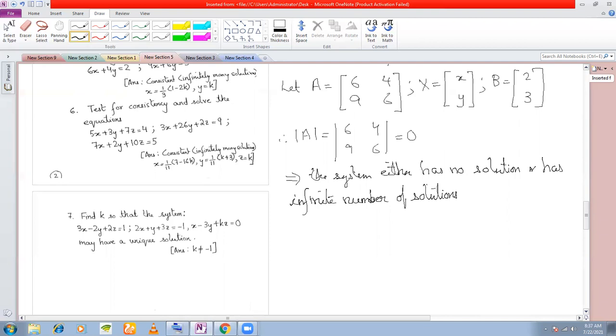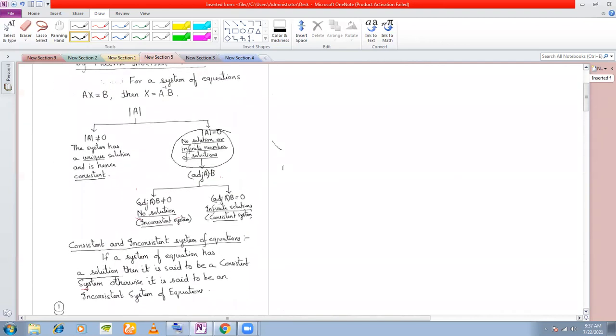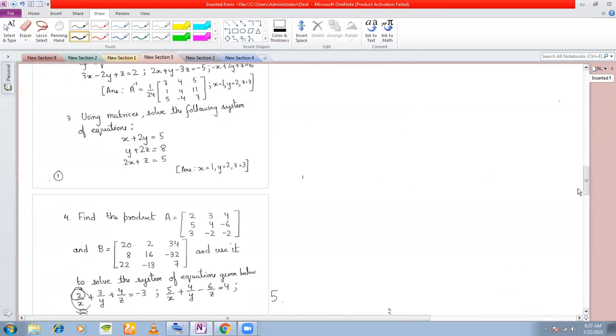Okay. Now we shall check whether it has a solution, whether it has an infinite number of solutions, or no solution. So how do we check? If you see the next point in the chart here, we need to find out the adjoint of it.